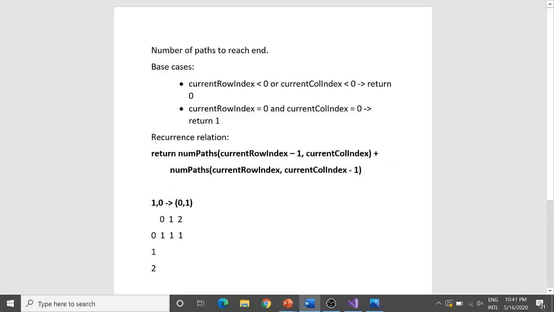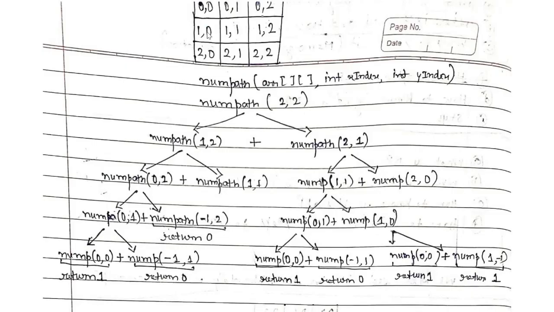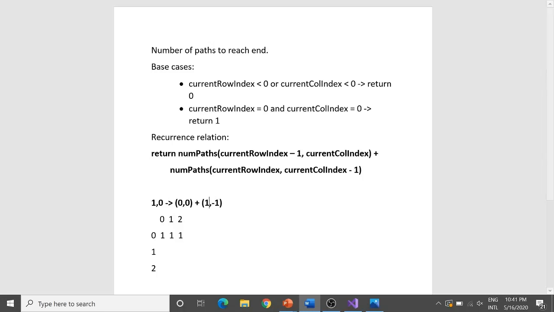Again, if you want to see it via a recurrence relation, what do we have over here? I would be recursing for 0 comma 0, plus the number of paths to reach this node from source, which would be 0 comma minus 1, sorry, 1 comma minus 1.